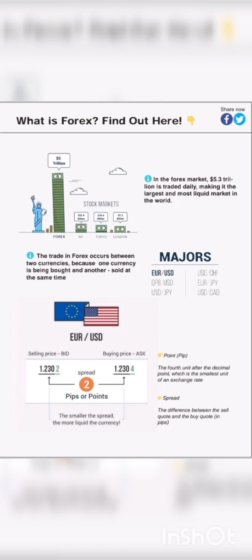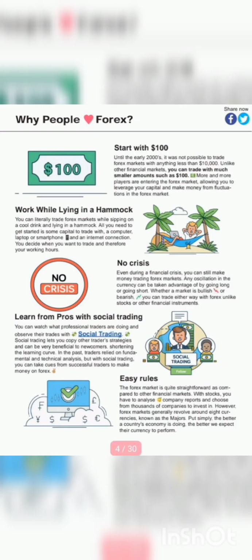Look at the last digits: the difference between the two is 2 pips, or points, which is normally known as the spread.